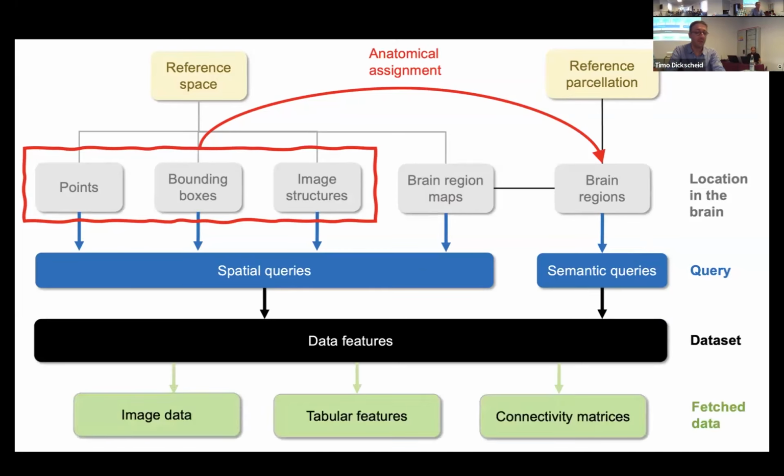And from these data features, we can then typically retrieve data, fetch data from an online resource, which gives us concrete elements like images, tabular data, you name it, like connectivity matrices, whatever. So there's always this pattern. You have a location in the brain. From there, you run a query, you obtain a feature which points to an online resource, and then you can fetch actual data that you can work with.